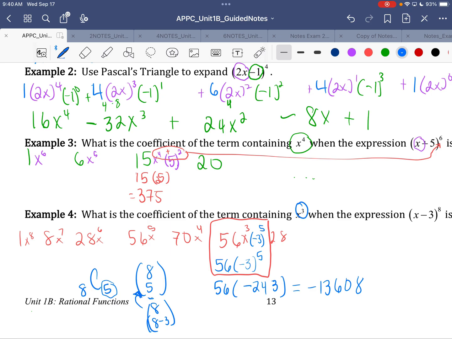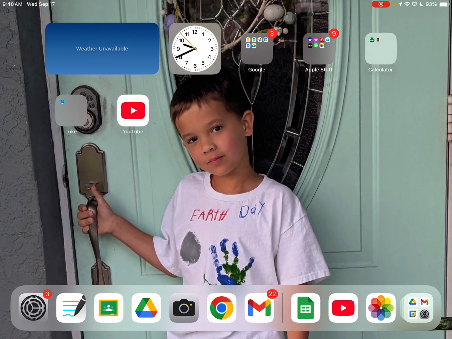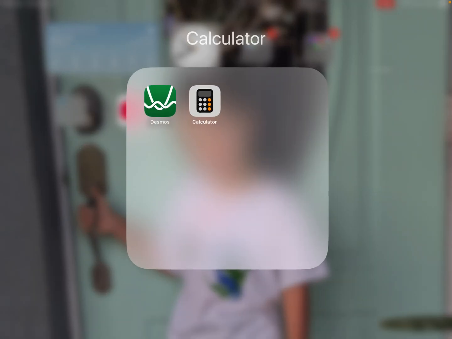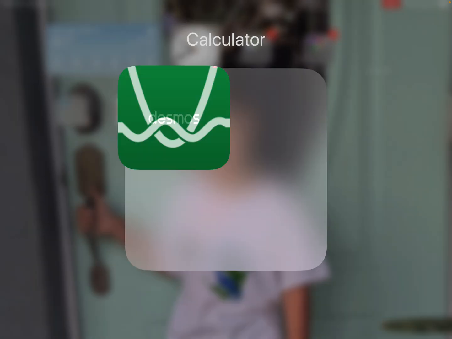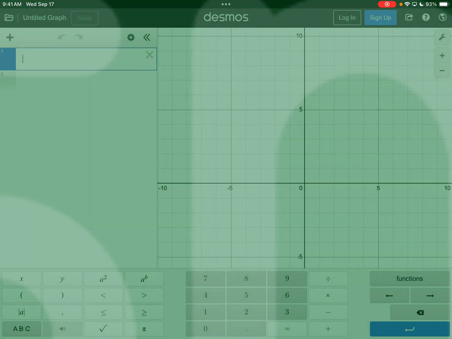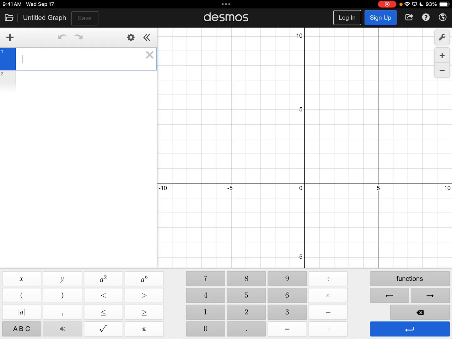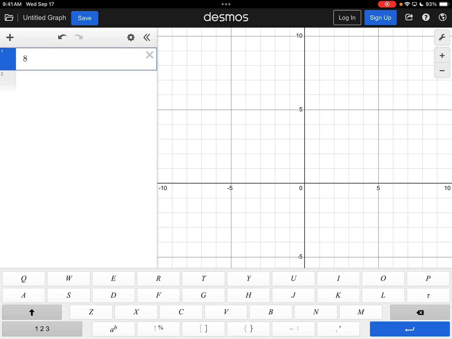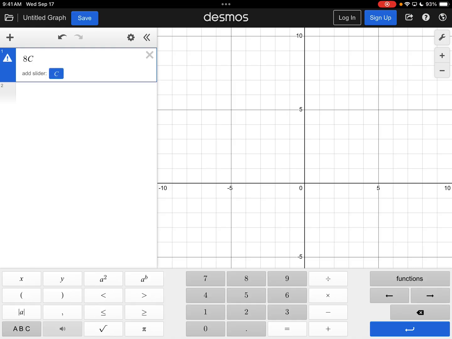Now, I don't know if Desmos does combinations. I feel like Desmos would. I've actually never tried it. I've only tried it on 84s. I wonder. Desmos is so good. Choose. Oh.